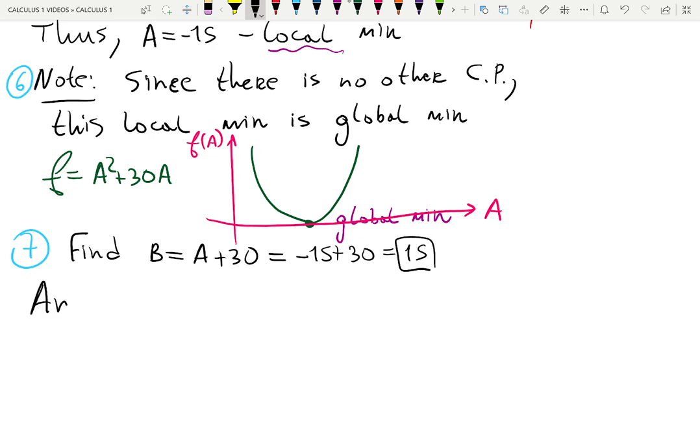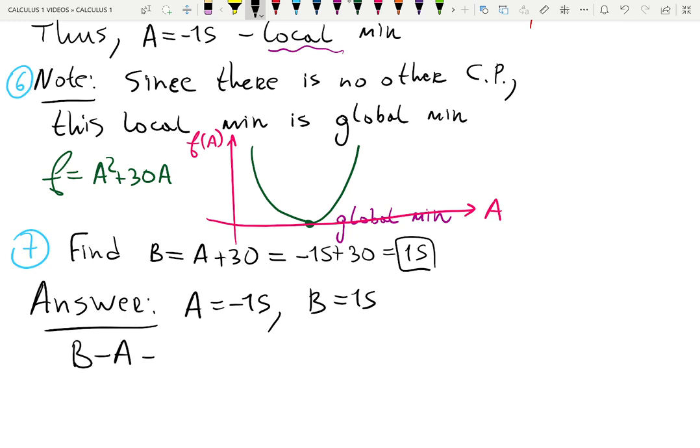Answer: a is minus 15, b is 15, and we can even check. So b minus a better be 30 because that was the condition. Well, 15 minus minus 15 is indeed 30. And then the largest product will be 15 times negative 15.